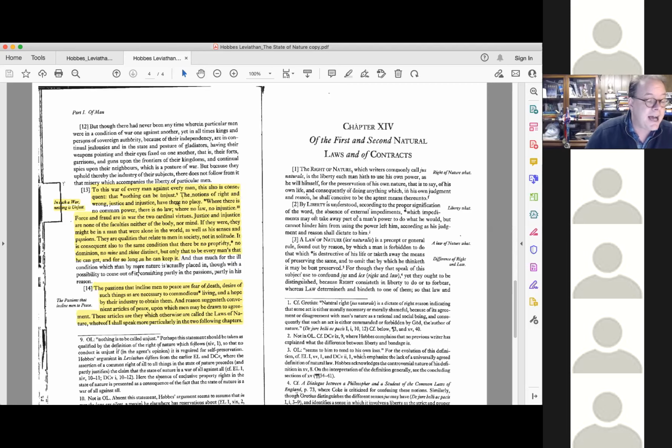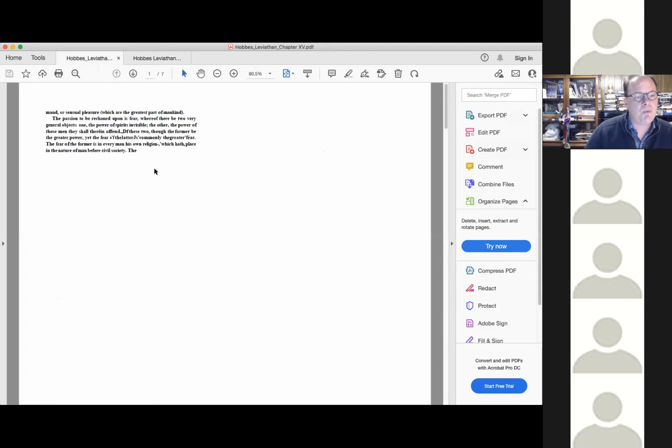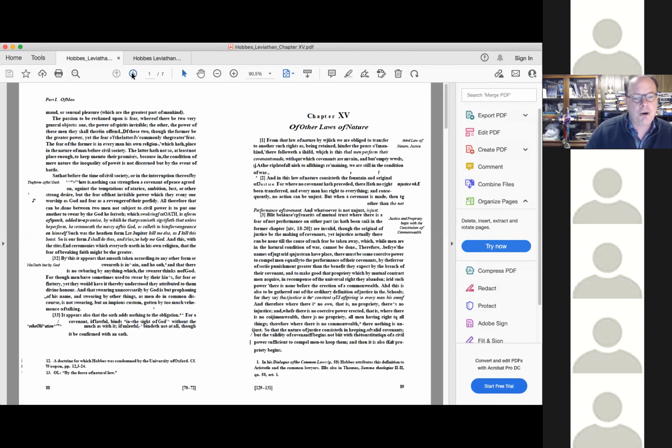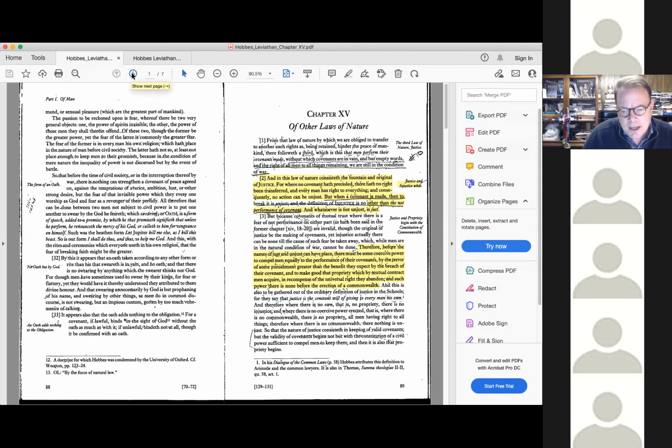And so what is the Leviathan going to do? It's going to punish people very often with capital punishment, with death. And it's going to instill, for Hobbes, literally the fear of God in these people to do the right thing. And in the next section, I just want to read this one passage. It's brief. He explains exactly what he hopes from the Leviathan.